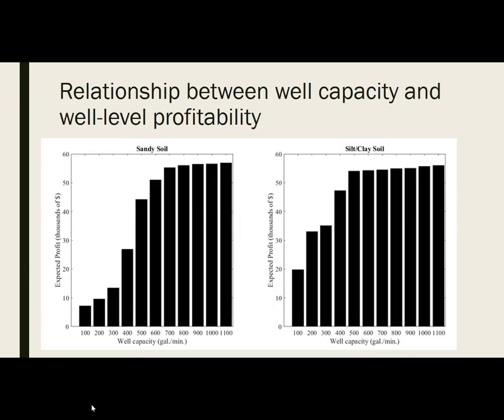Now, well capacity also has a large impact on profitability. And so if you look at the left panel that shows the relationship that we predict between well capacity and profitability of a given well, you can see that below 700 gallons per minute on sandier soils, the profitability can drop off pretty dramatically. And that happens for a few reasons.